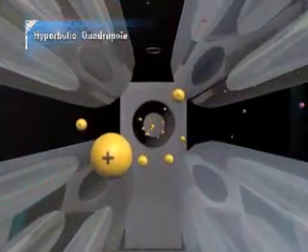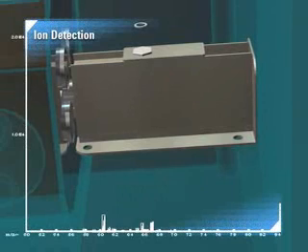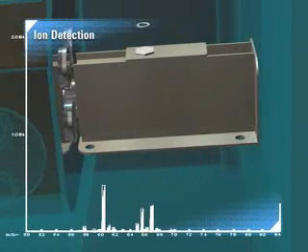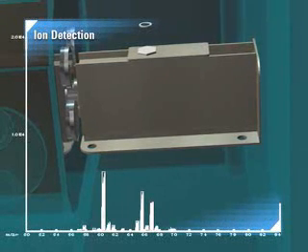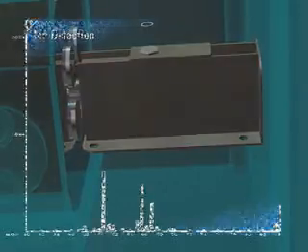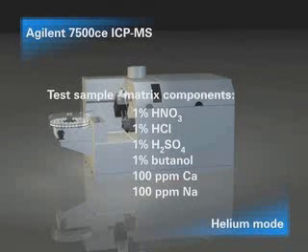Ions strike the detector, and the resulting electronic signals are processed by the detector electronics and stored in a multi-channel scaler, creating a mass spectrum where intensity at a given mass is proportional to concentration of the isotope at that mass.